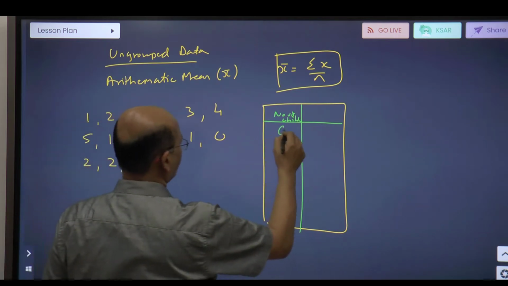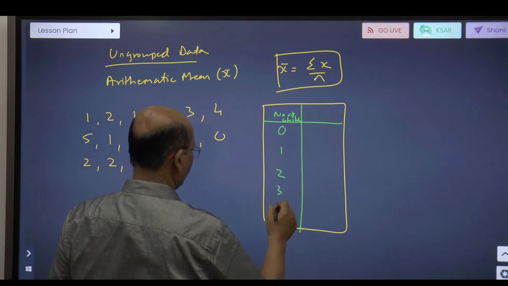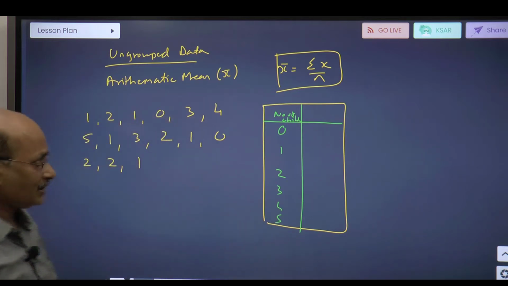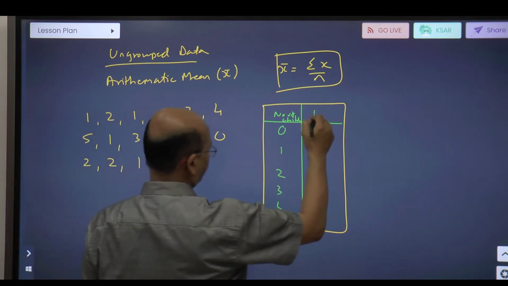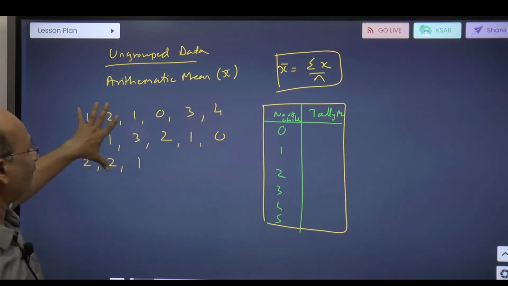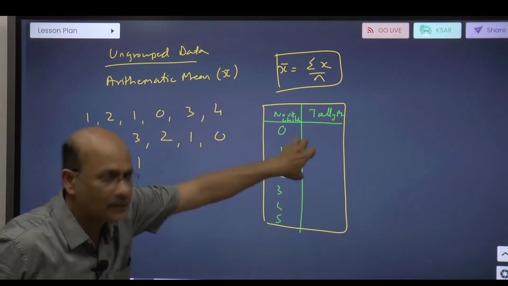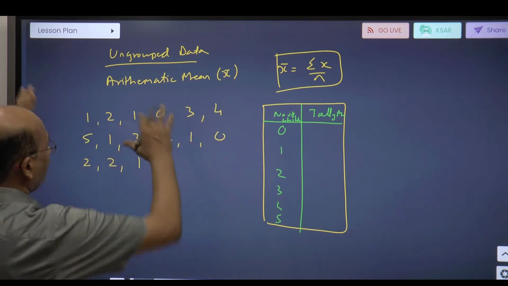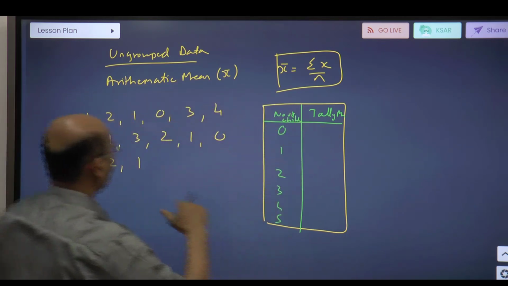It starts from 0, 1, 2, 3, 4 and 5. Let me put the tally marks there. I am converting this data into a compressed format. I repeat, I am taking this data and converting it to a compressed format.